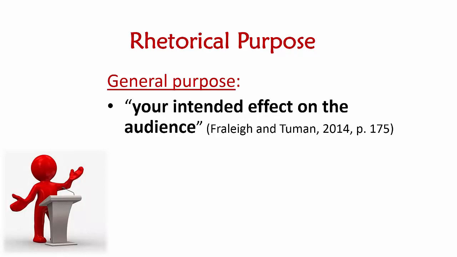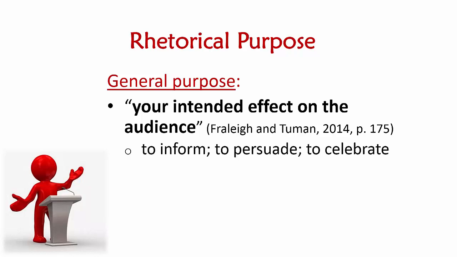What is it that the speech is, broadly speaking, supposed to do? Now, in many public speaking situations, you're going to find yourself working within one of 3 primary broad purposes: informing your audience, persuading your audience, or celebrating or commemorating with your audience during a special occasion.